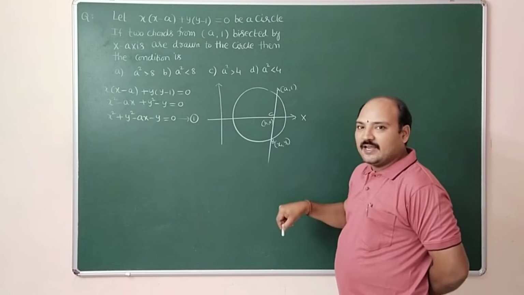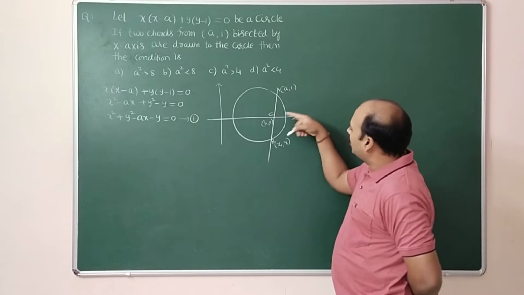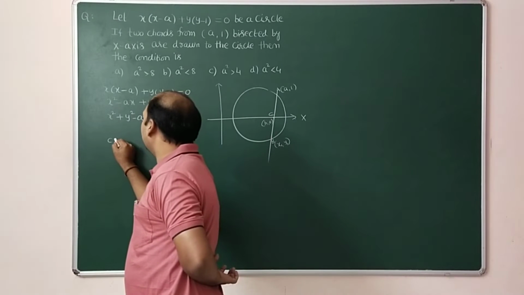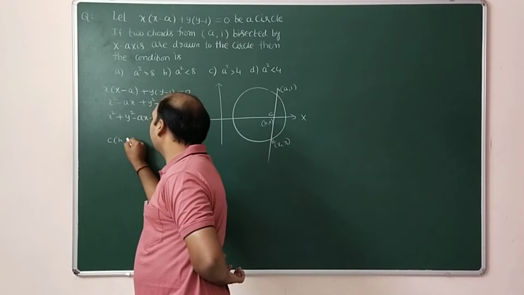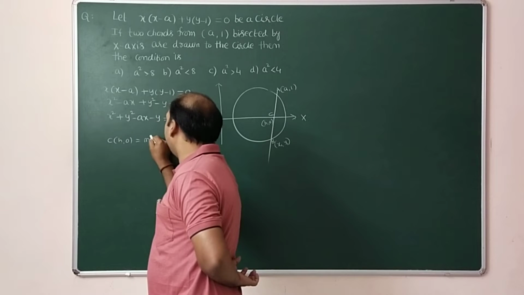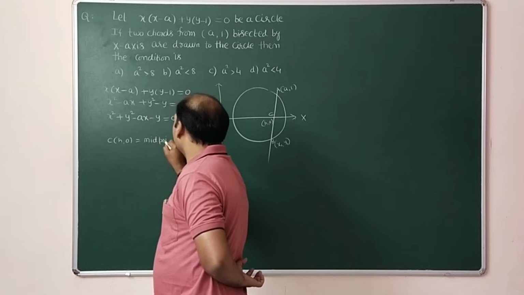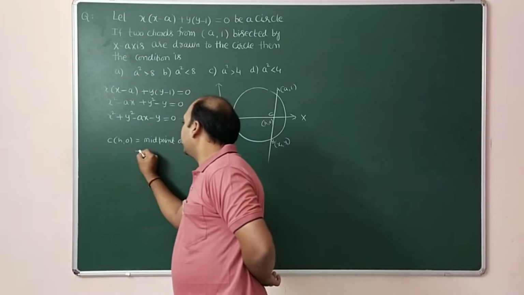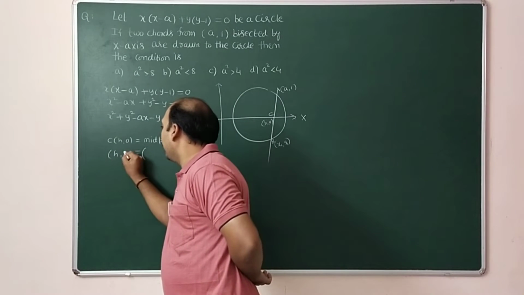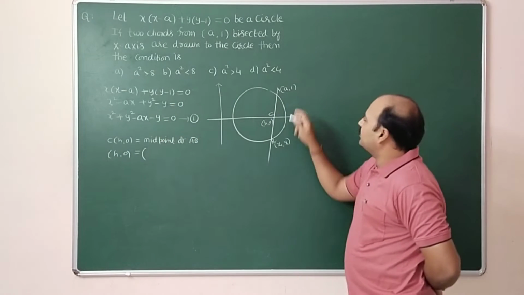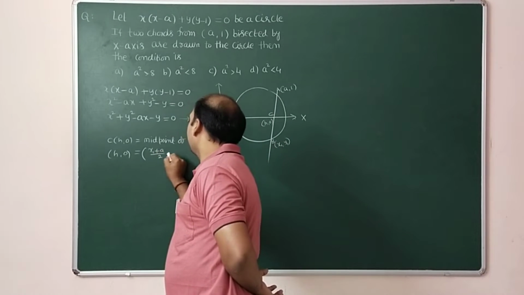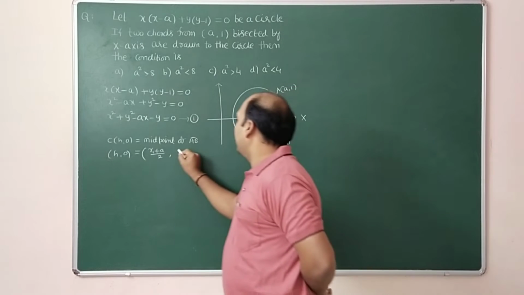This point is bisected by the x-axis. So C is the midpoint of AB. So that is (h, 0) equal to the midpoint ((x1 plus a) by 2, (y1 plus 1) by 2).